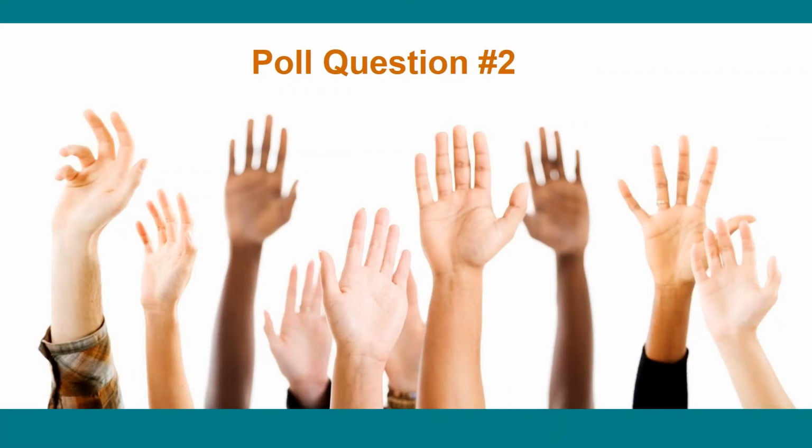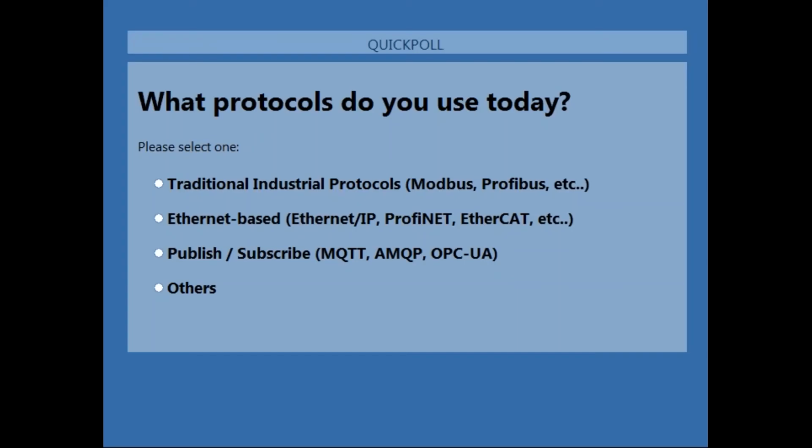It's now time for our second poll, and here I'd like to dig a little bit deeper into the industrial protocols that you're using today. So, are you using traditional industrial protocols such as Modbus, Profibus, or DeviceNet? New Ethernet-based protocols such as Ethernet IP, Profinet, or EtherCAT? Publish subscribe protocols such as MQTT, AMQP, and OPC UA, or others?